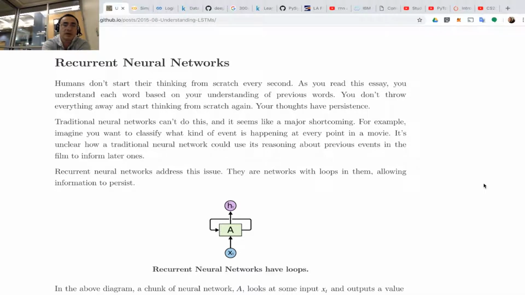Humans don't start their thinking from scratch every second. As you read this essay, you understand each word based on your understanding of previous words. In other words, you memorize or recall something, and then you understand it.